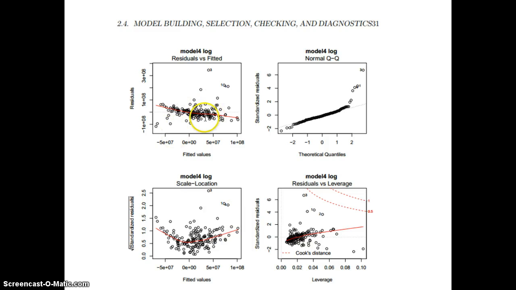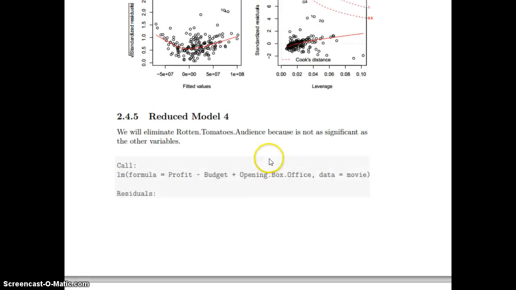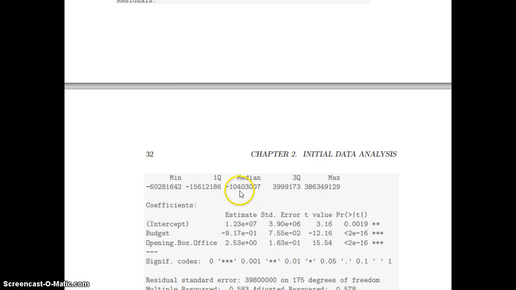But we see here, it's really strange. It looks like there's no pattern, but you can see that it's kind of downward trending. And here you see that it sticks closer to the line. There are fewer outliers. And let's see our next model.